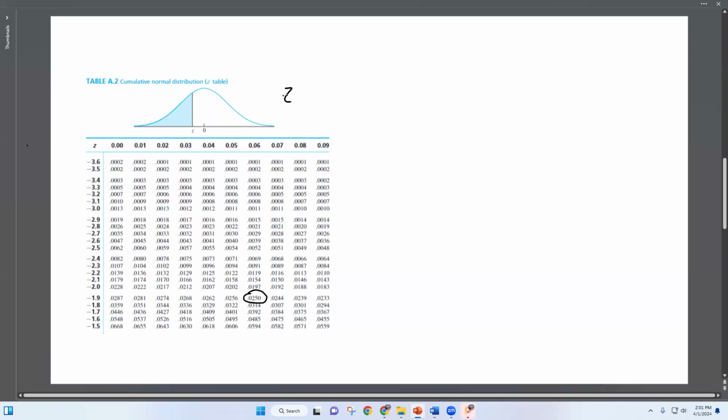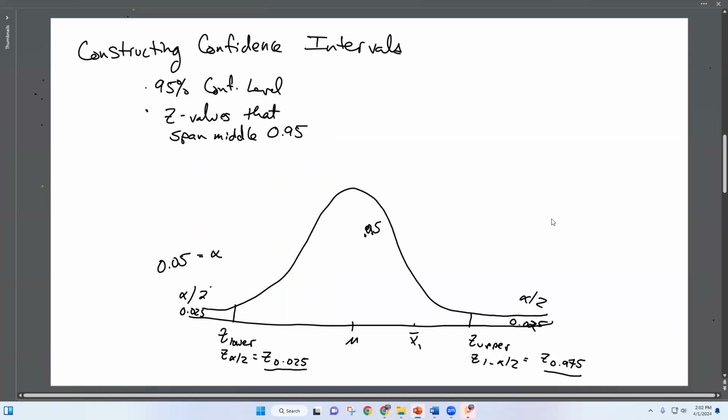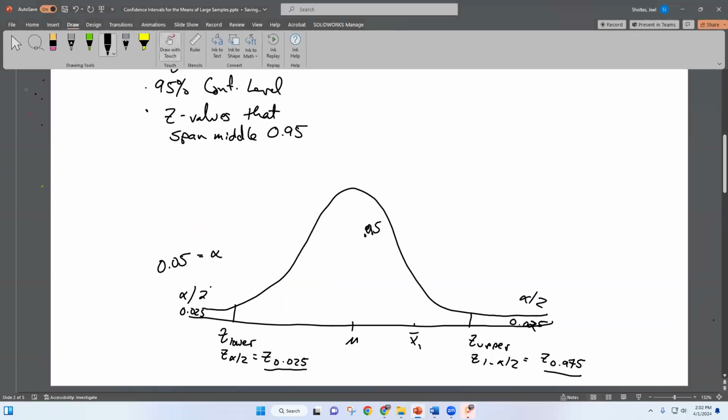So z 0.025 is equal to negative 1.96, and z 0.975 is equal to 1.96. All right. So that gets us our z values to help us with those intervals.